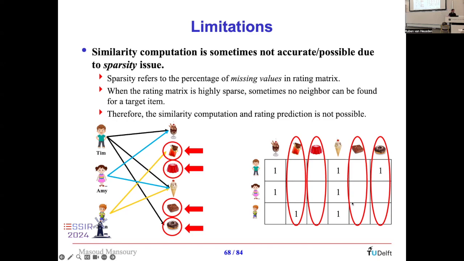So in this example, in this interaction data, you see these 4 items; we cannot compute the similarity values between these 4 items and all other items in the system. They are kind of isolated. There is no interaction, or maybe few interactions on these items, and we cannot find neighbors or similar items for these items.